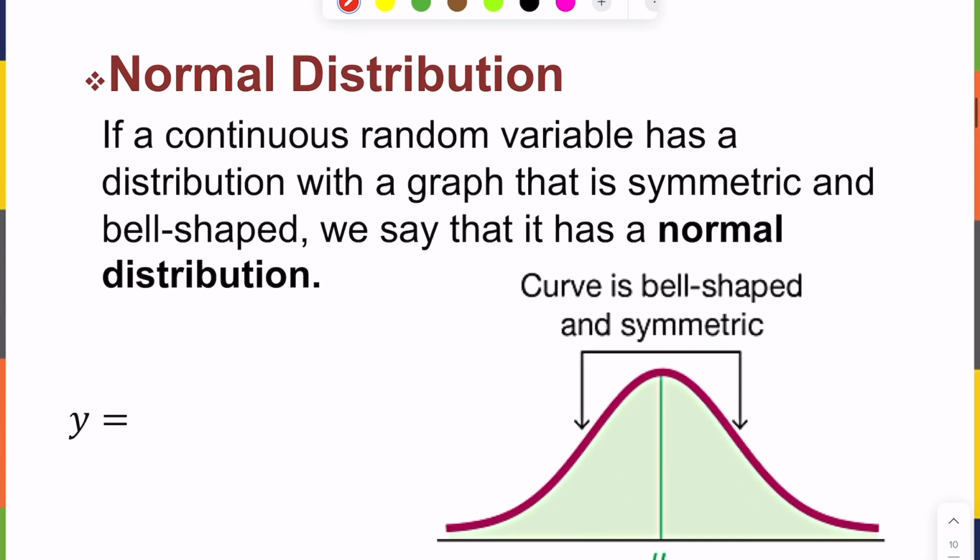Okay. There is another type of continuous distribution called the normal distribution. And this is very, very common. If a continuous random variable has a distribution with a graph that is symmetric and bell-shaped, we say it has a normal distribution.